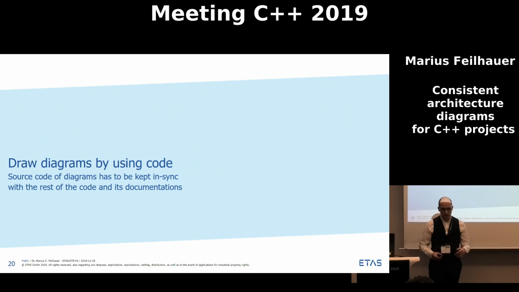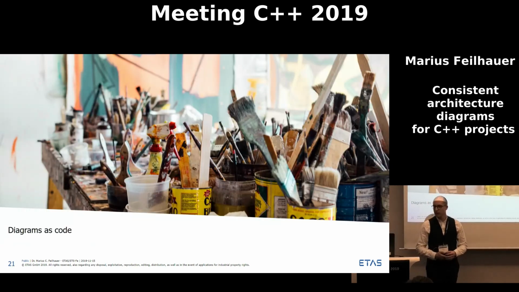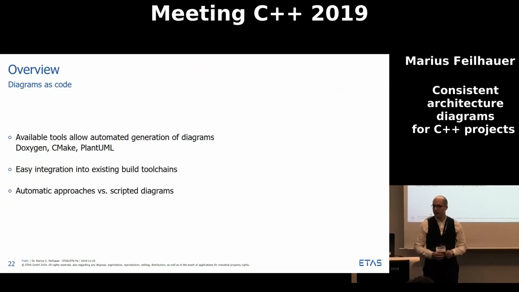So the intention here is clearly to draw diagrams by using code, just as you're using code for your source code, for your tests, for your build pipeline. And this allows you to keep them in sync with the rest of your code and your documentation. So the examples I now show you will draw some stuff by using code. And I'm just using available tools.